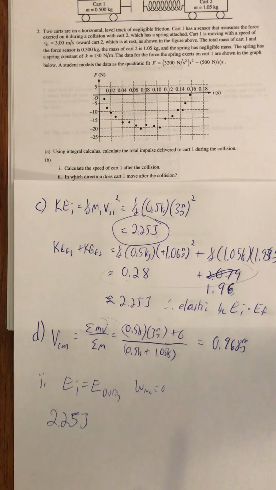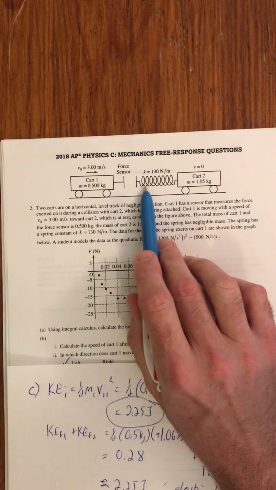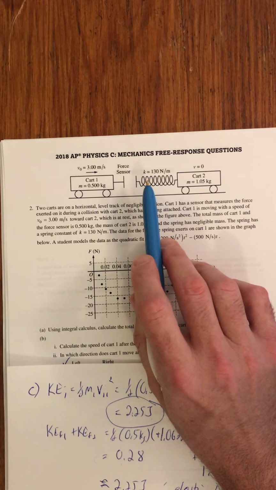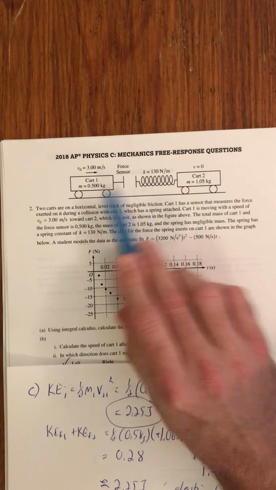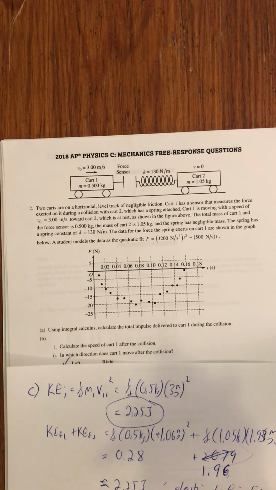The max potential energy here is going to occur when this spring has been maximally compressed. That's when the relative velocity between these two objects has reached 0, and we treat it instantaneously like we do in an inelastic collision. That's sort of the trick of this problem, being able to know those things.